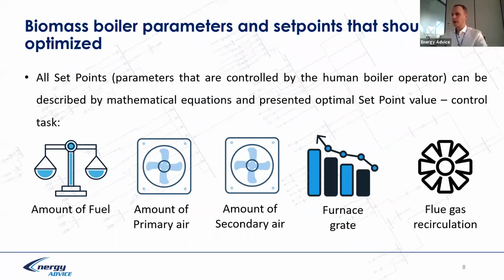And so, biomass boiler parameters and set points that should be optimized. In fact, all set points on which your operator has an impact during the control of the burning process, we provide optimum set point values. It's the amount of fuel, amount of air, furnace grate movement, flue gas recirculation if the boiler has this functionality.